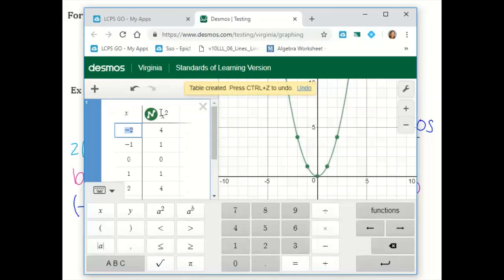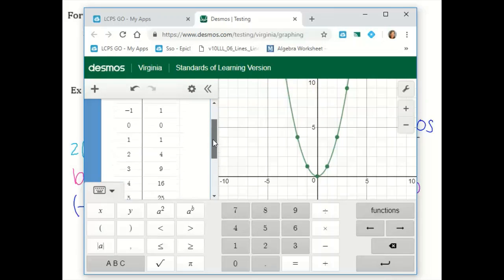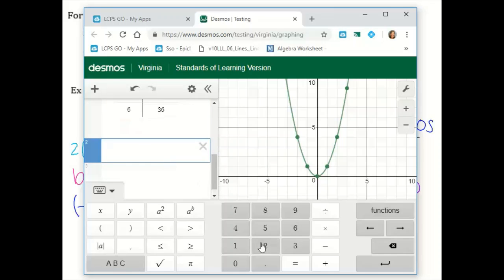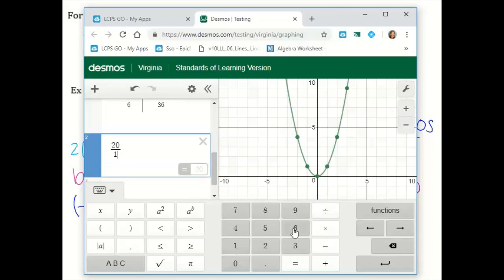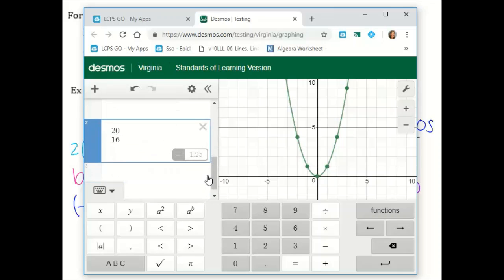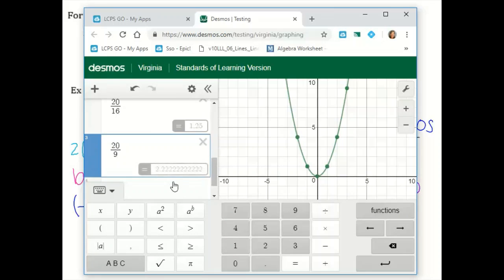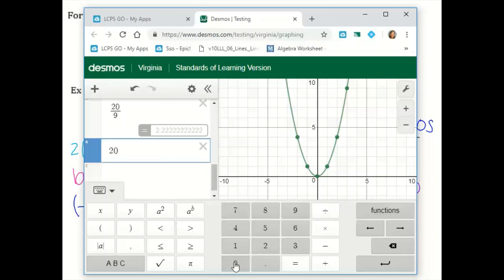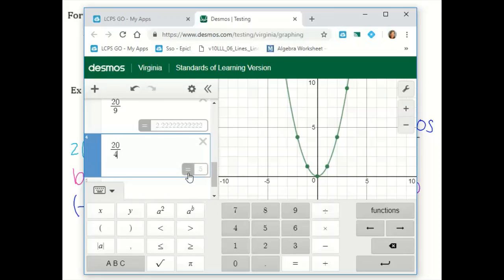Look at the table. And I can make my list longer by just entering down. So 20 would fall right here. So I'm going to start with 16 and work my way up. So 20 divided by 16. Nope, that doesn't work. The next one is 9 and then 4. 20 divided by 9. Nope. And you probably know off the top of your head that 20 divided by 4 will work. And we get 5.